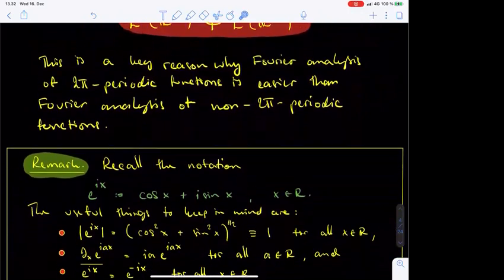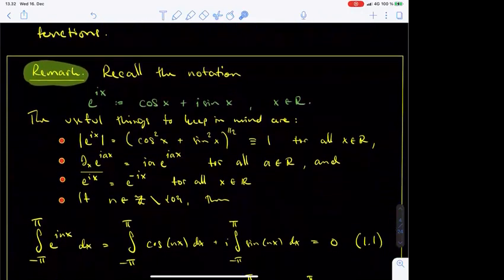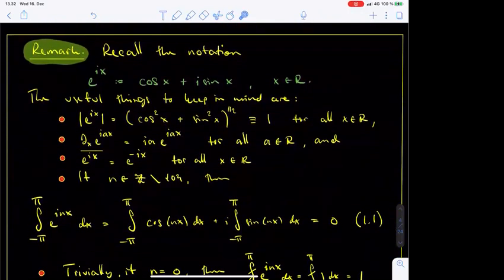Next, I will briefly recall the notation associated with the complex exponentials. First, let me repeat this formula, which we already saw in the previous lecture: e to the power ix equals cosine x plus i sine x for all real numbers x. There are a couple of easy but useful formulas to keep in mind.